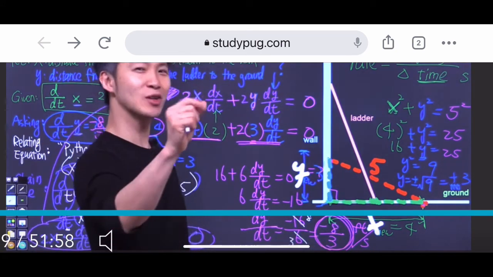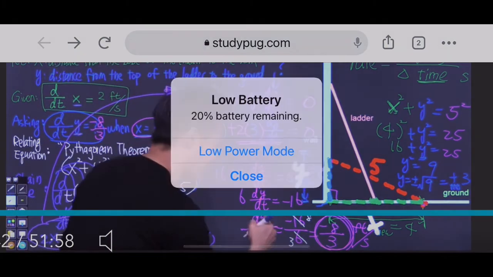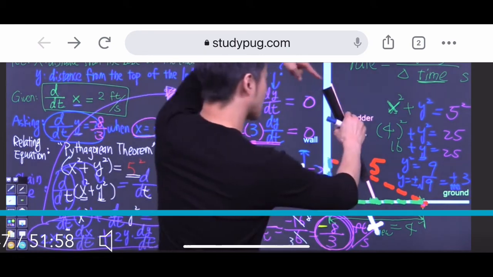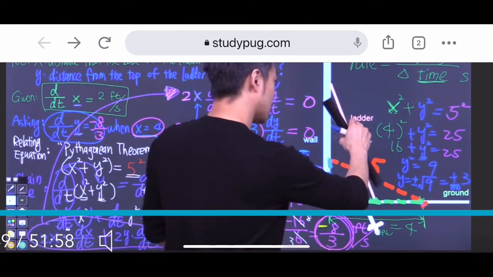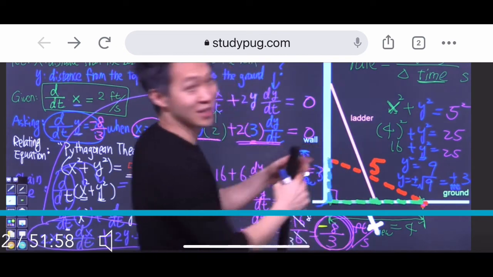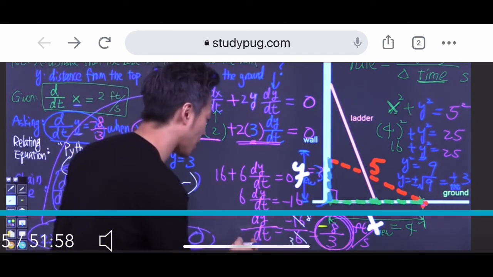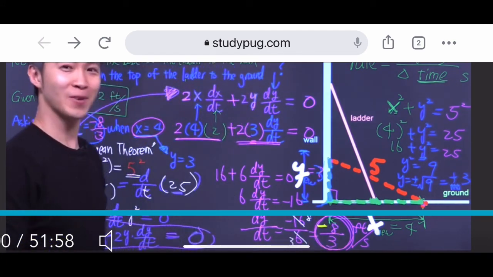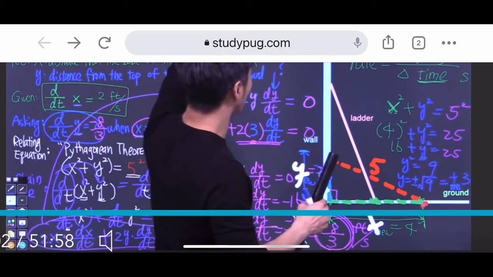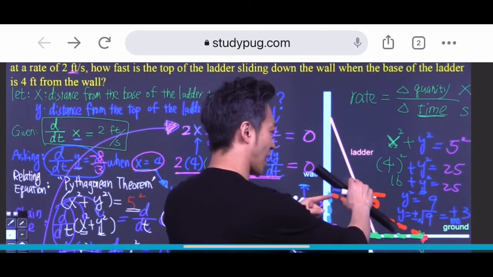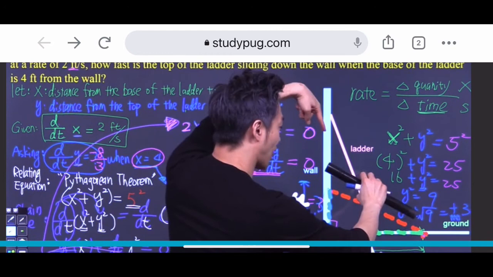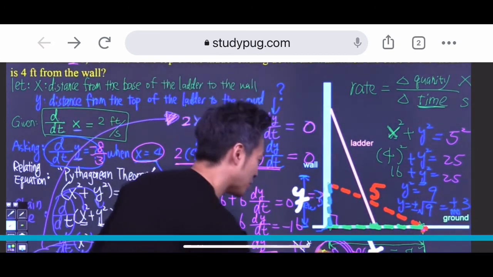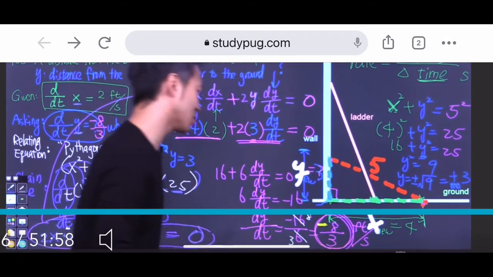And one last note I want to point out is that the fact that dy/dt is negative means that the distance from the top of the ladder to the ground is decreasing. And that's why the change in y must be negative. As the base of the ladder slides away, the top of the ladder slides down, and that's why we should expect the answer to be negative.